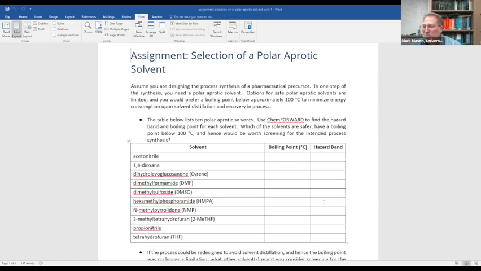If the boiling point's too high, then the energy cost for distillation is very high in the process. So here are some examples. Go ahead and look these up, identify the boiling point and the hazard band, and then we'll give you a few minutes and compare notes.